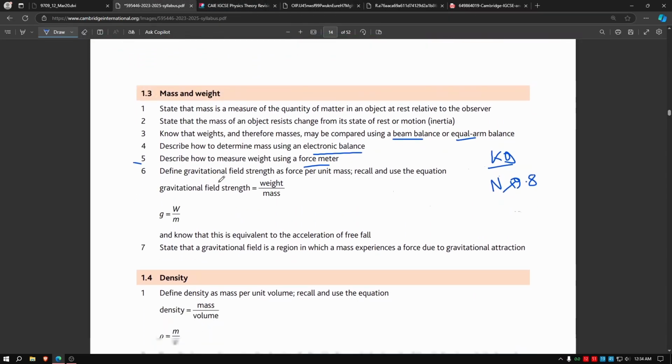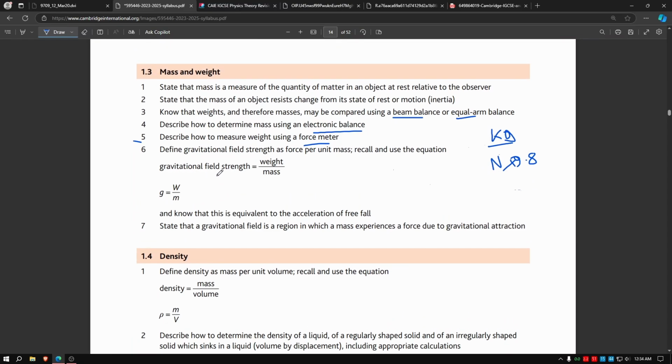So yeah, now we can calculate gravitational field strength. Let's first understand what gravitational field strength is. Define gravitational field strength as force per unit mass. Recall and use the equation. As we have already learned, force per unit mass.